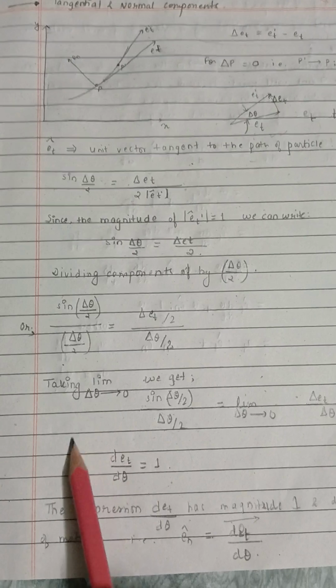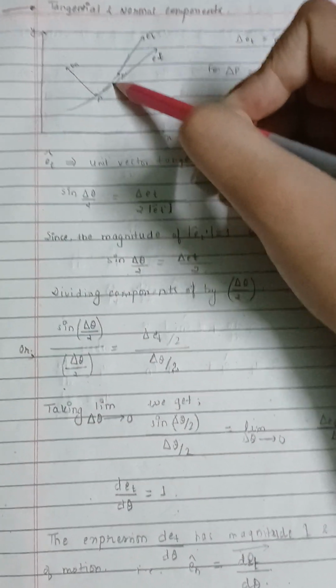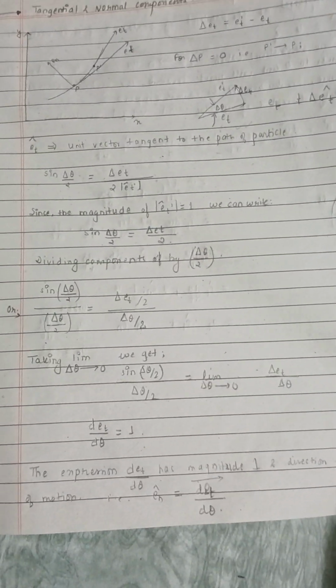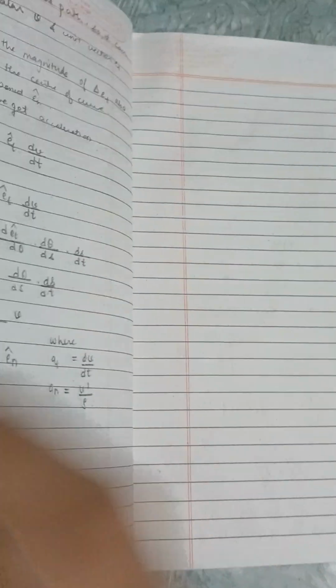Therefore, we know that when this condition is applied, a very small change in the tangential component is equal to the normal component of the vector. Let us move forward to deriving the relation for velocity and acceleration for tangential and normal components.